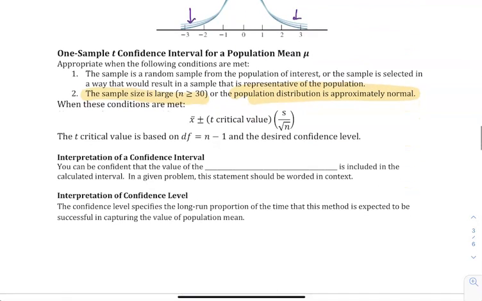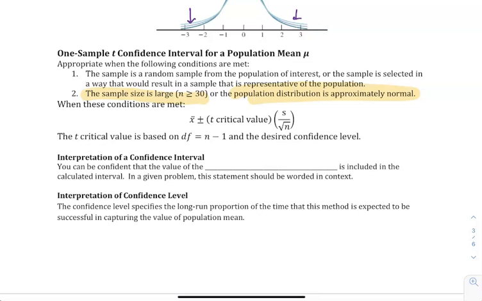But as long as those two conditions are met, then we can go ahead and use our critical values of T that are programmed into the computer. The degrees of freedom is actually also programmed into the computer, and we'll calculate our confidence interval just like we always had. The interpretation is the same.